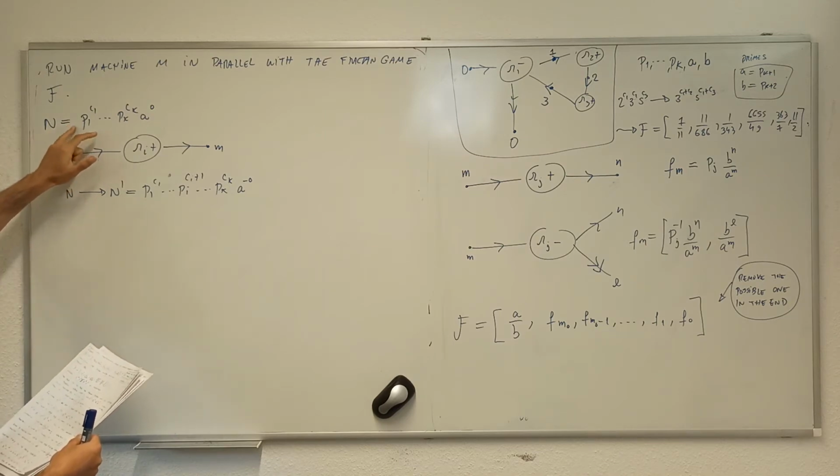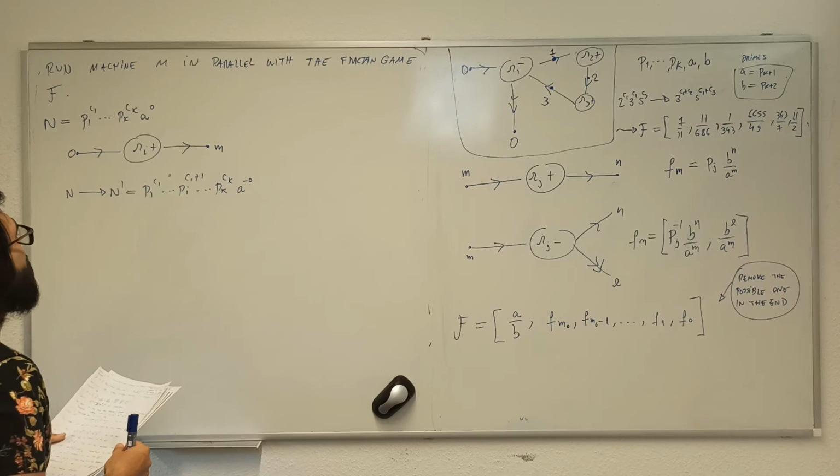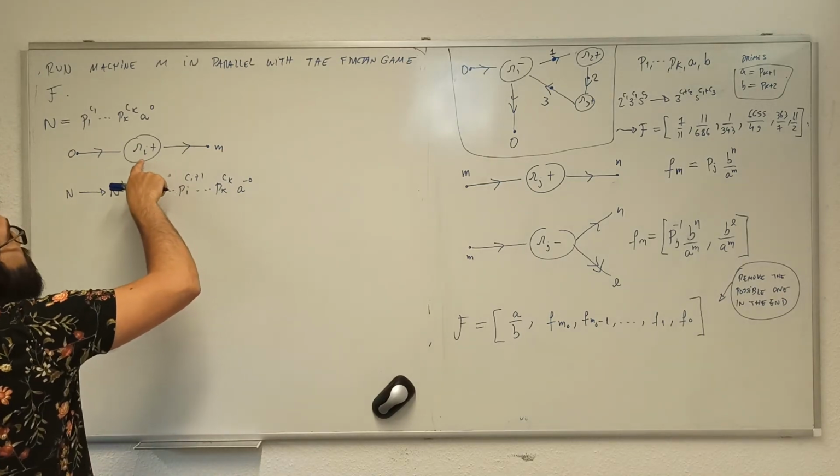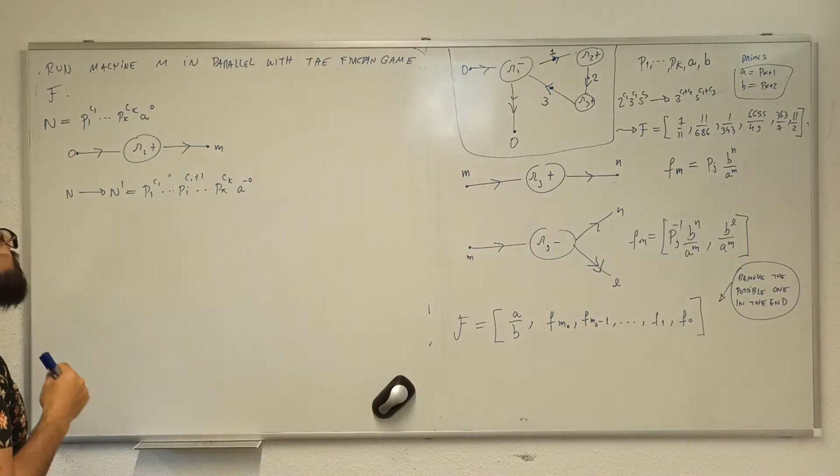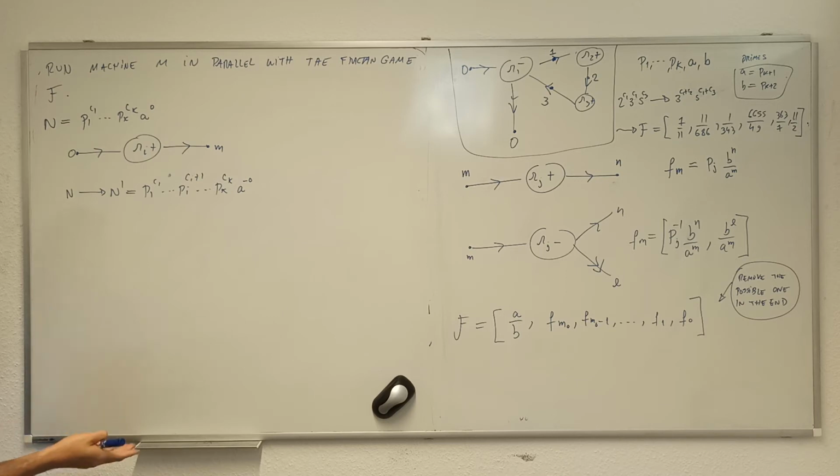This is the end for the FRACTRAN game, and let me use the registers maybe. So what happened here? I just added 1 to register I. That's what I did in the machine.